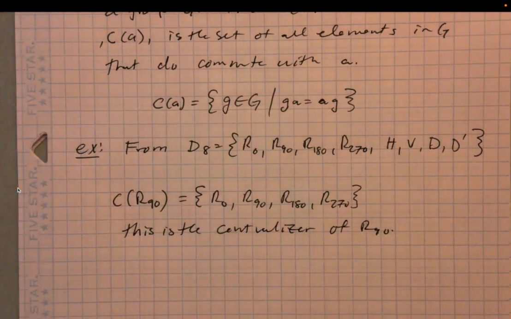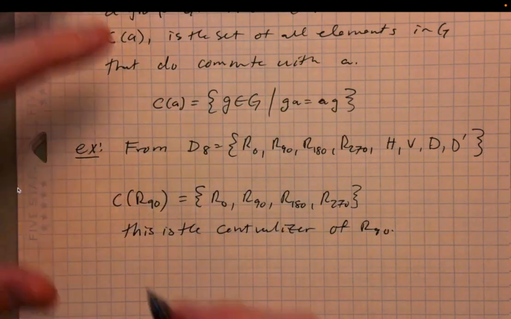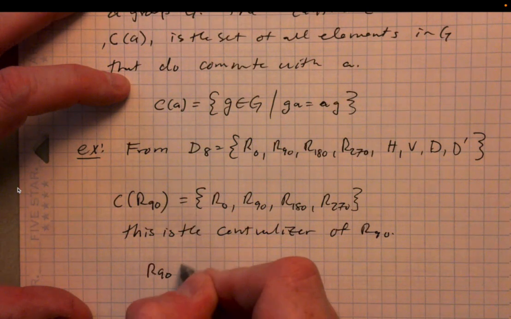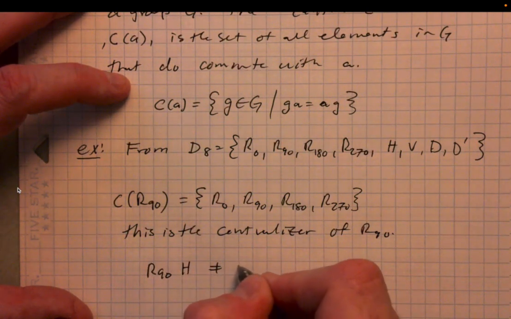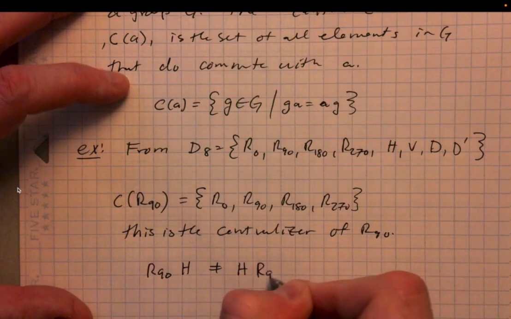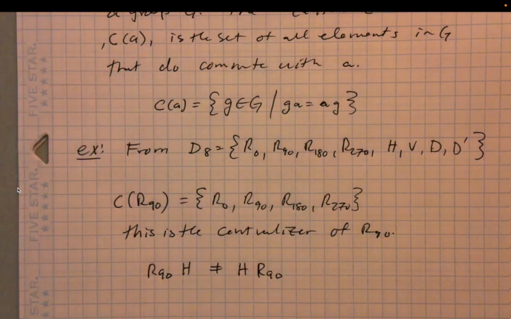Now notice what's not in here: the flips. A horizontal flip followed by an R90 is not equal to R90 followed by a horizontal flip. They don't commute.